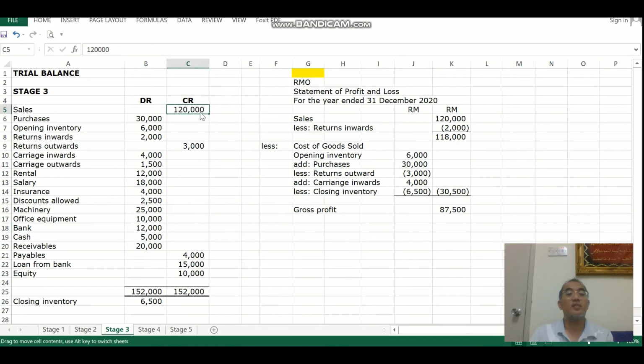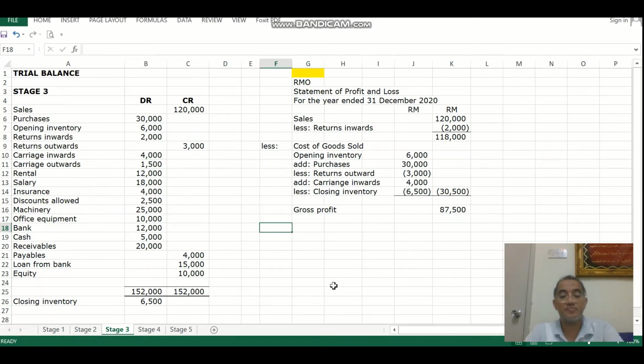Here is sales. We have taken it and put it over here. This 3,000 return outwards is not revenue. This is a liability. Liability, this is capital. So there is no other income. So we just move on.